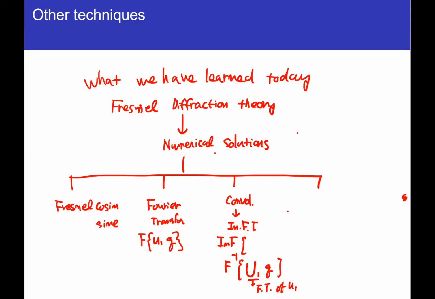Okay, that is one thing. And then we have a direct convolution with Q. And we have another one, which is the angular spectrum.